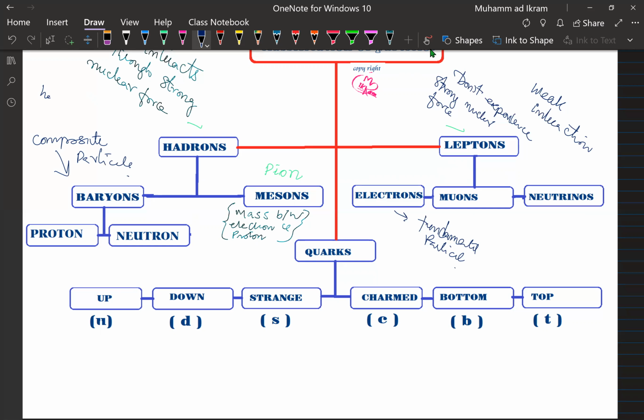They have internal structure, while these particles do not have any internal structure. They are not made up of any other particle. This is why I call them the fundamental particles.